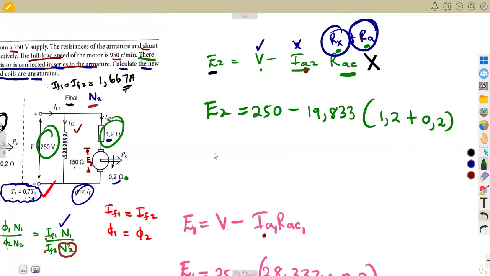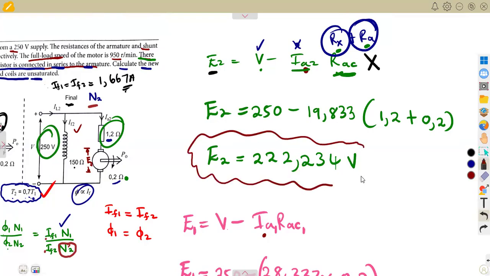Because there is an additional resistor, your Ra is going to be affected. This was going to give us 222.234 volts. This is the generated EMF or the back EMF of the final condition.